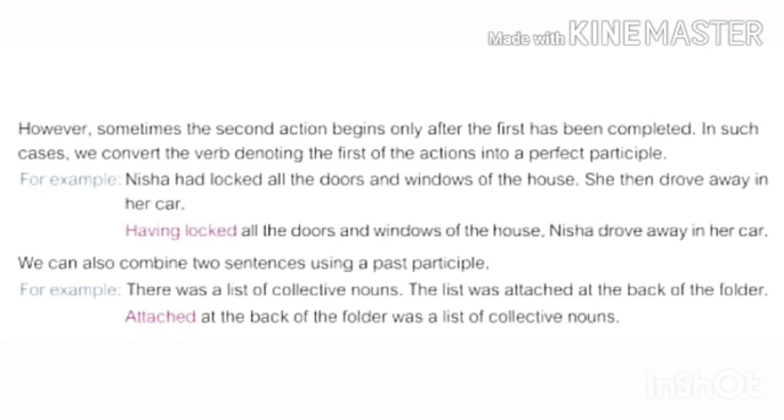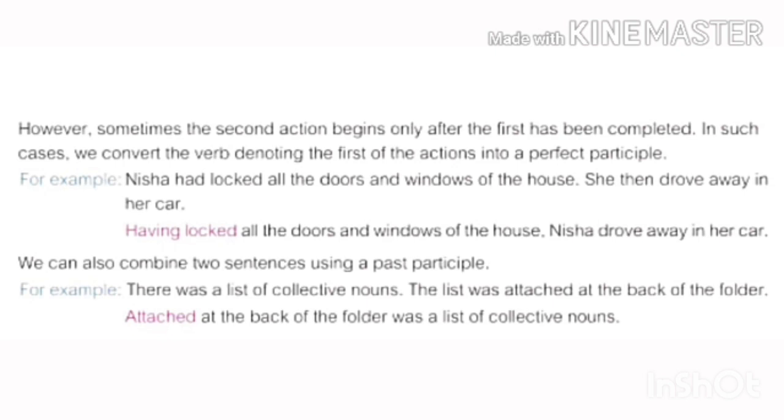Instead of she we are using Nisha because we have not used the name till now. Nisha drove away in her car, and we have removed then also. Why? Because after one action is done we are starting another action, and that is made clear by using having plus V3. Okay, so no need to use the word then.